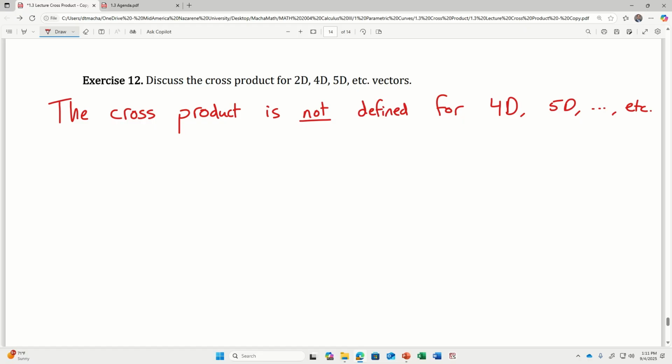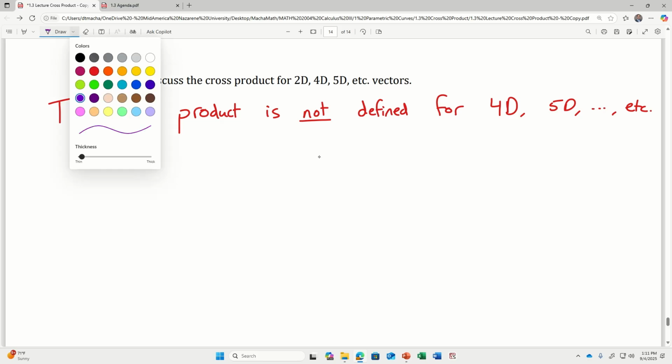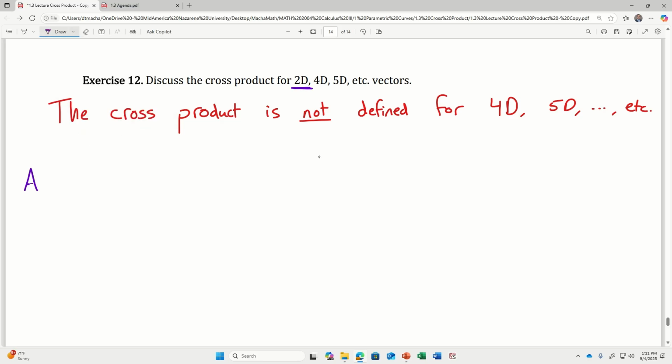What about 2 dimensions? Because this is a more interesting question. A 2-dimensional vector can pretend to be a 3-dimensional vector.